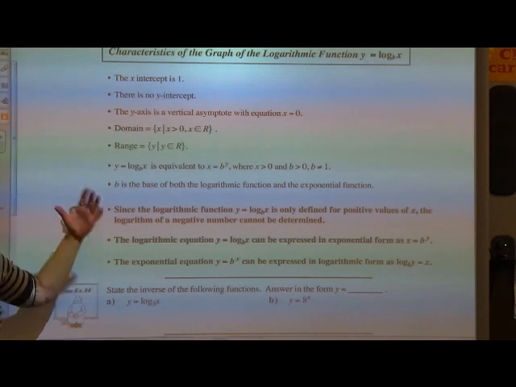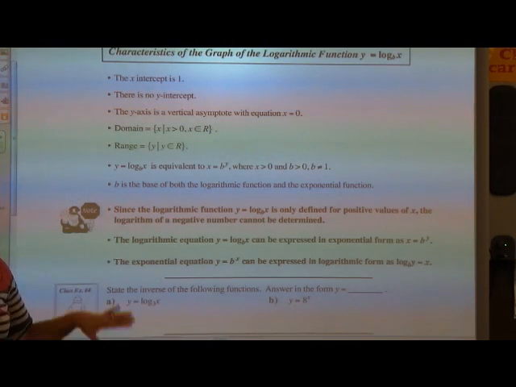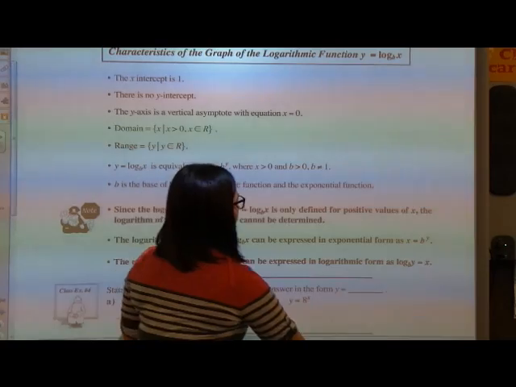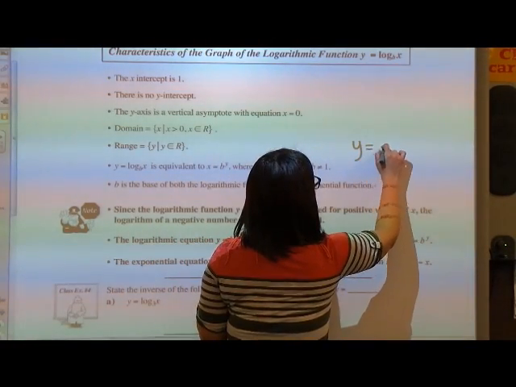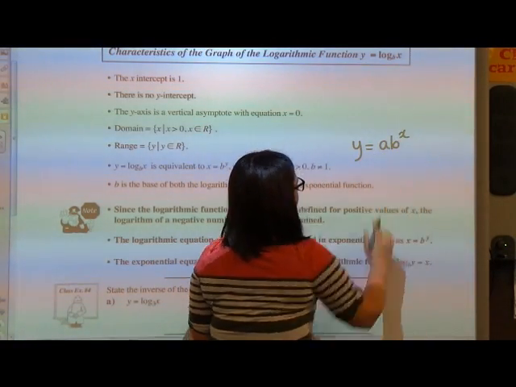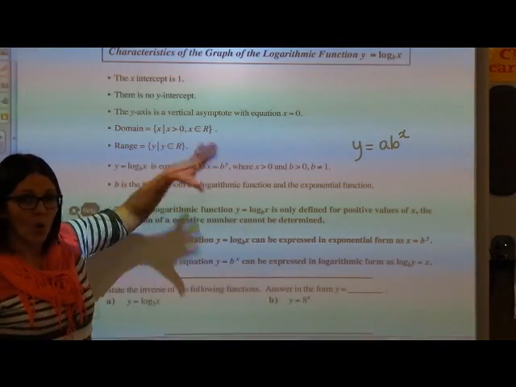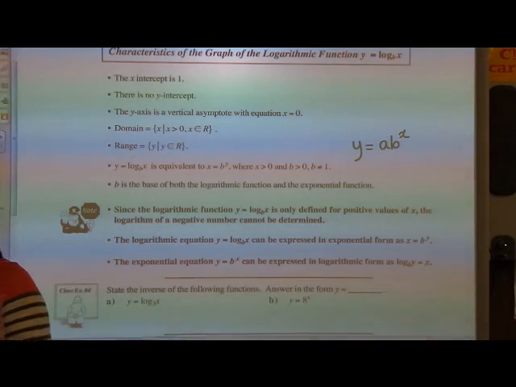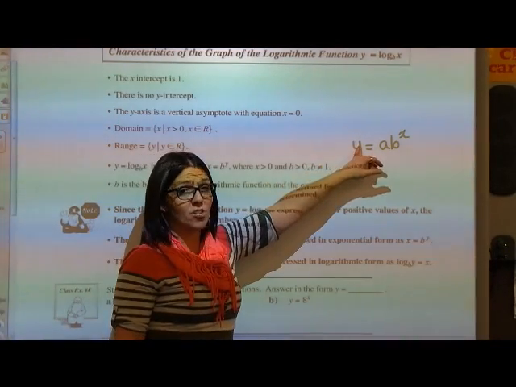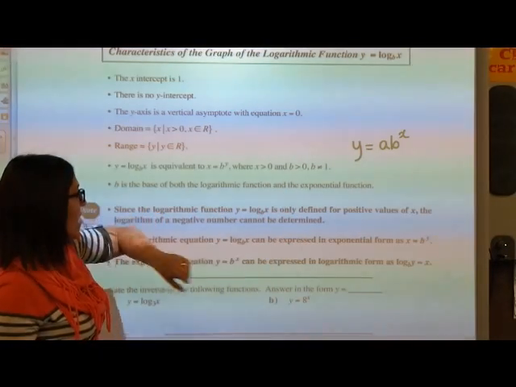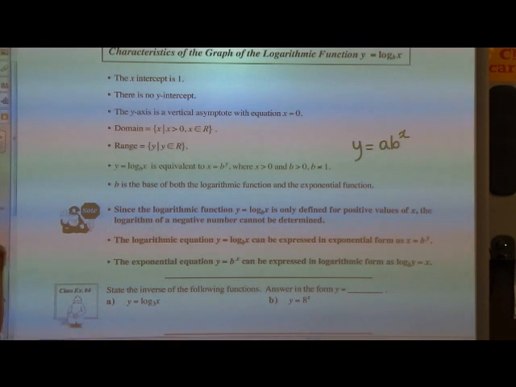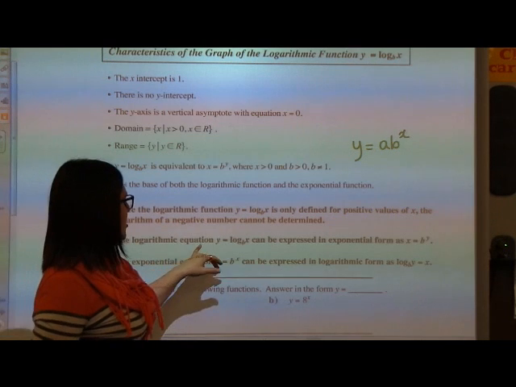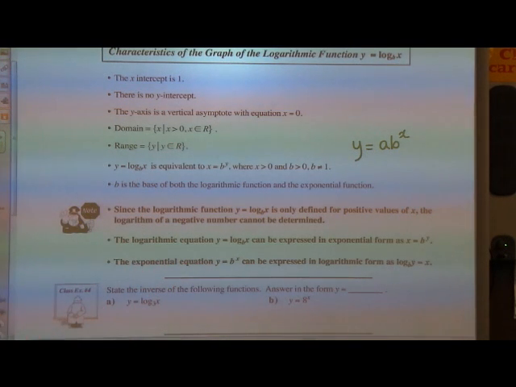When I'm not transforming that exponential function, written in the form y equals a b to the power of x, my y values are always greater than 0. So if the y values are greater than 0 in exponential form, it means that the x values can only be greater than 0.